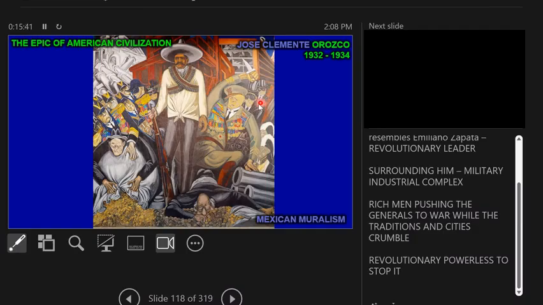And it almost looks like they're pushing the military men forward who are then falling on these bags of money down here. In the background, we have a building with all the windows blown out. And then up here, we have all these columns, which are a reference to classical architecture. And the revolutionary, he doesn't know what to do. He really can't make a change with all of this going on around him.